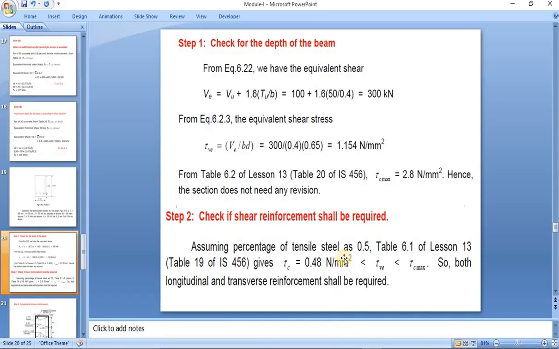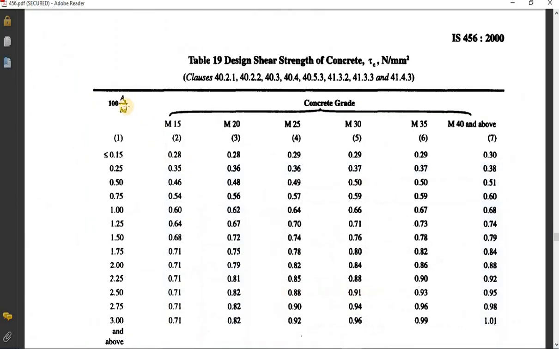The percentage of steel we have taken is 0.5, so based on this the area of steel can be calculated, divided by B into D, where B is the breadth of the beam and D is the effective depth. After calculating this, we get some value on the vertical line, and similarly we use the M20 grade of concrete.